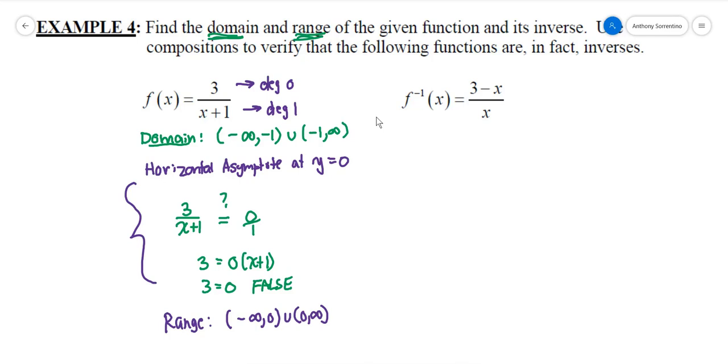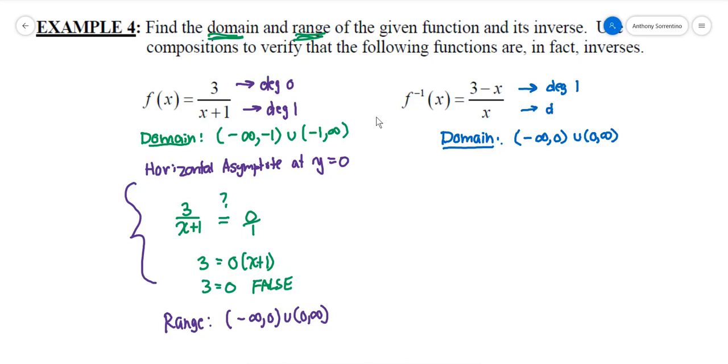This other function, let's talk about the domain. The only issue I'm going to have with the domain for this one is if x equals 0. So x should not be 0. Based on the same rules that we talked about prior, this has a degree of 1, highest power of x.